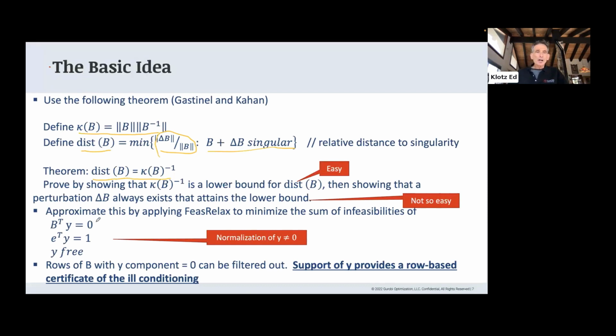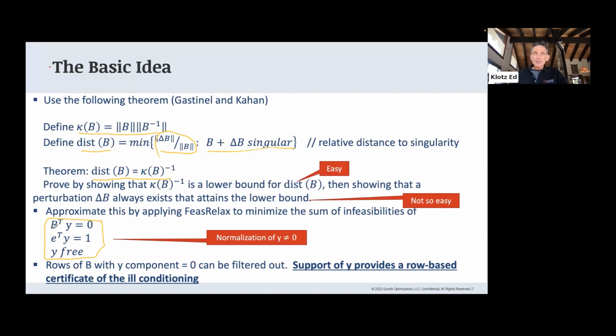So in that regard, let's consider this linear system down here, which is saying, give me a non-zero linear combination of the rows of my matrix B that is 0. If B is singular, such a vector Y will exist. But if B is non-singular, this system is infeasible.